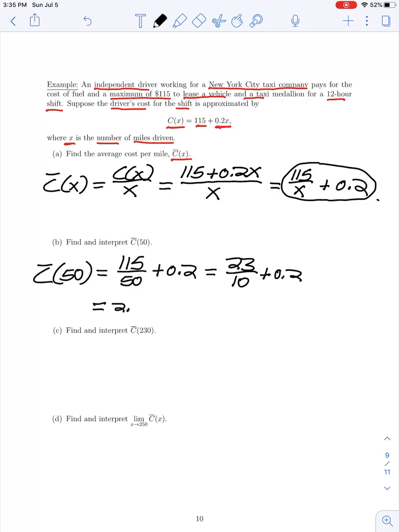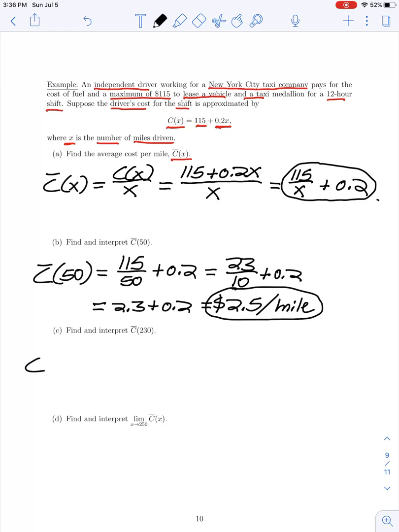So that gives us 2.3 plus 0.2, or 2.5. And this would be the average cost, so dollars per mile driven. So the interpretation of this value would be if the driver drives a total of 50 miles, the average cost for them per mile would be $2.50 per mile.